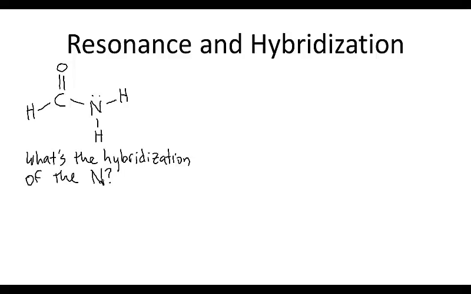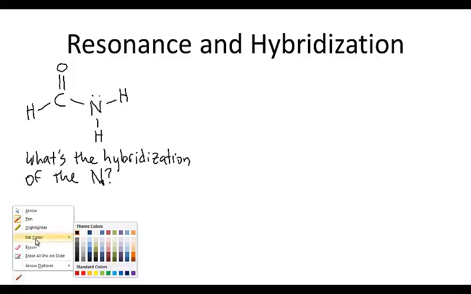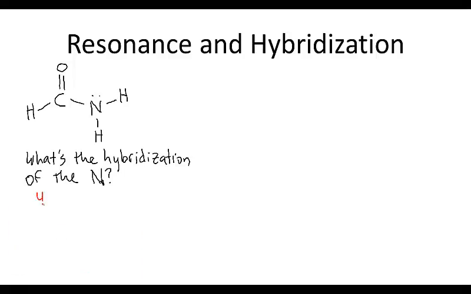The response was sp3. All right, it makes 3 bonds, but it also has a lone pair. How many domains does it have? All right, 4 domains. So that would be tetrahedral electron pair geometry, which means sp3 hybridization. So that's what we would say.